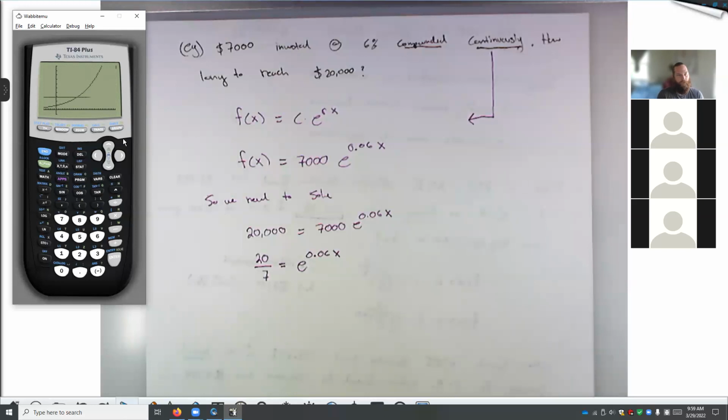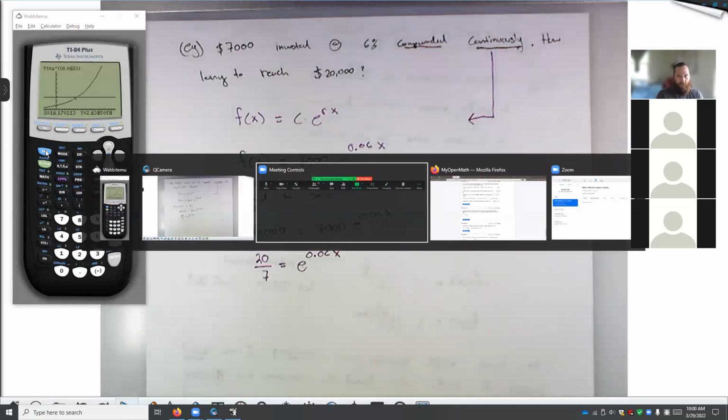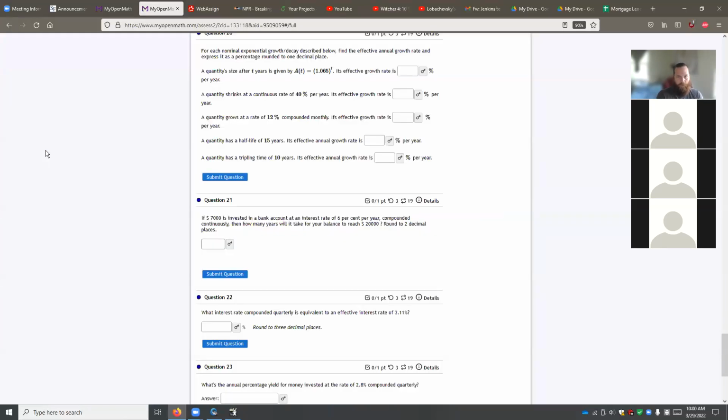All right, not bad. I'm looking for this intersection point, and I can get a rough idea of where it is using the trace function. Looks to me like it's somewhere around 17. So let's start at 16.1 and go up by 0.1, because they want us to round to two decimal places.